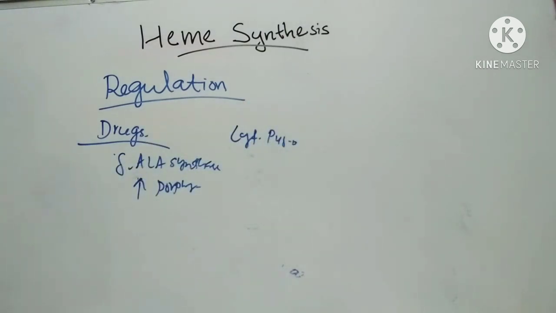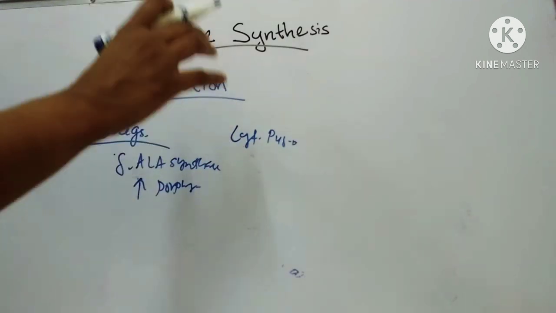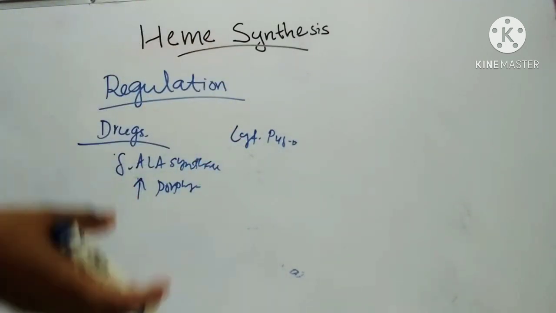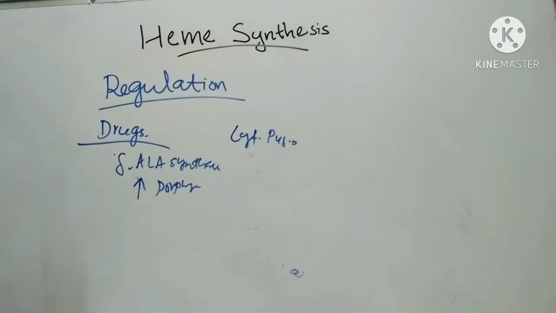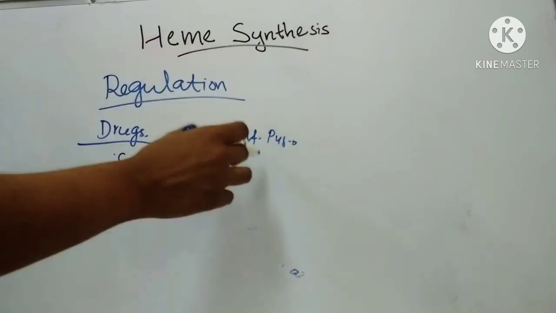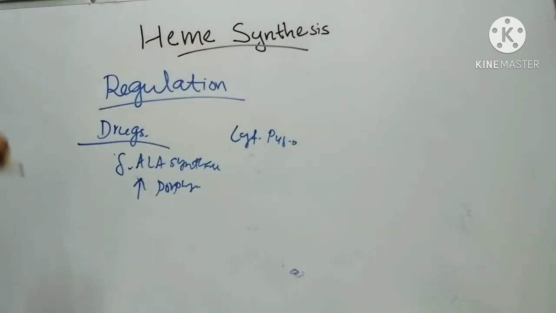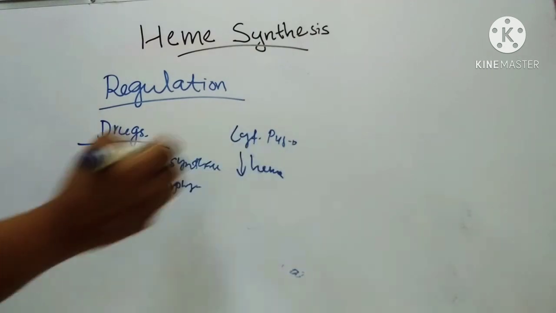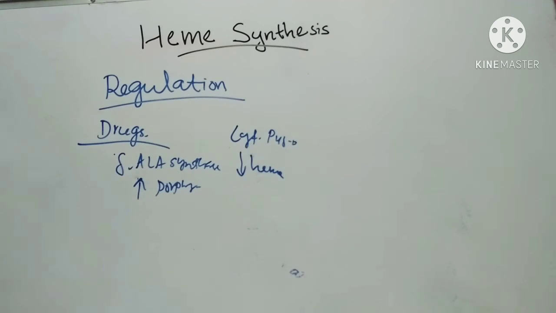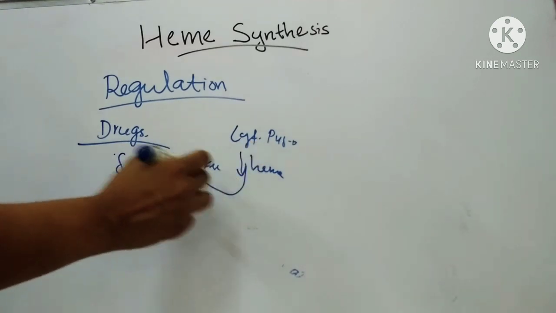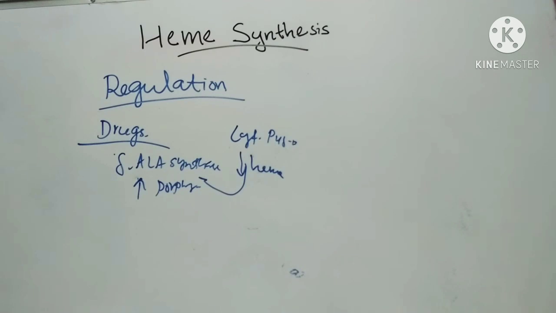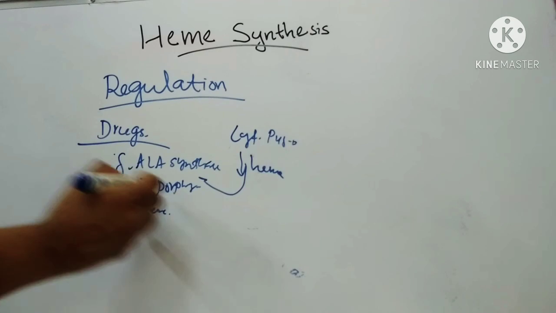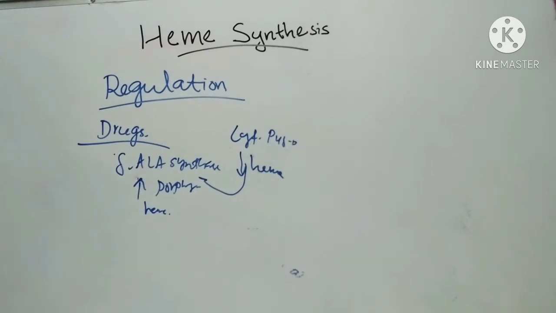During metabolism of the drugs by cytochrome P450, consumption of heme by cytochrome P450 is increased, which in turn diminishes the cellular concentration of heme and leads to de-repression of the enzyme delta aminolevulinic acid synthase, with a corresponding increase in the rate of heme synthesis. That is the effect of drugs.